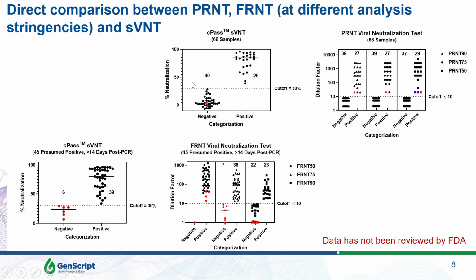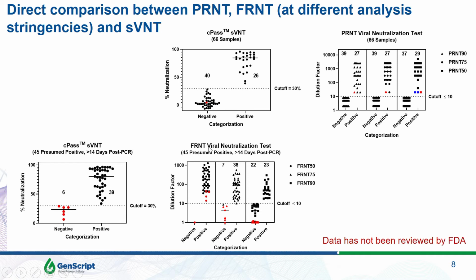The cPass test determined 40 samples as negative and 26 samples as positive for the 66. And for the PRNT test, at a high level of stringency, at a 75% plaque reduction or 90% plaque reduction, the results were almost the same, 39 negatives and 27 positives. So very close corroboration between cPass and the higher stringency PRNT test.